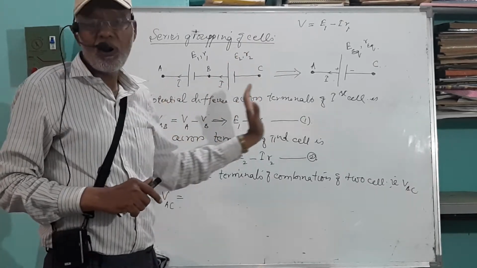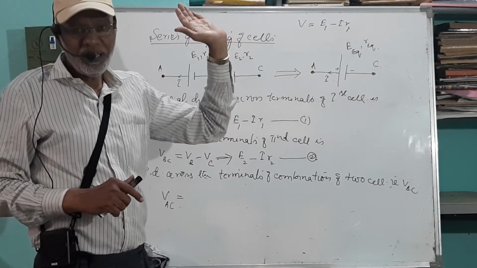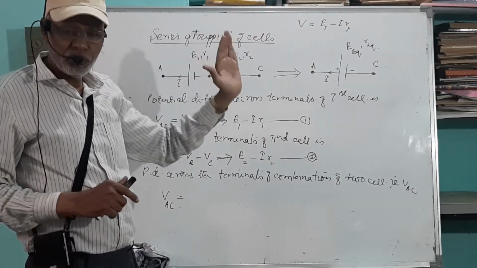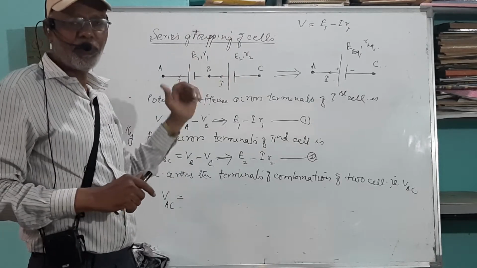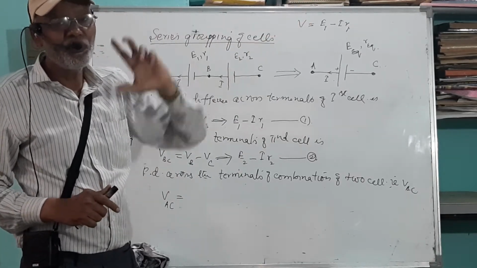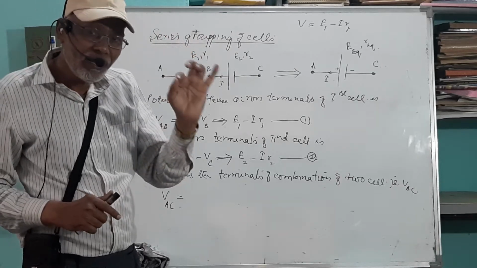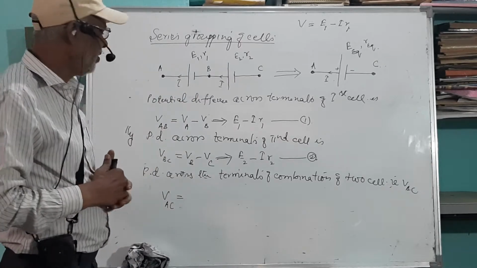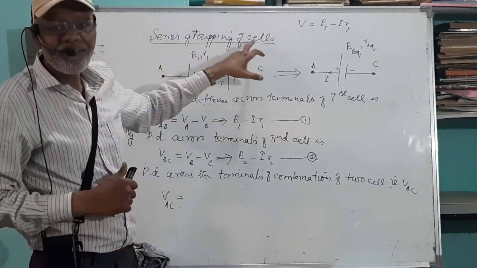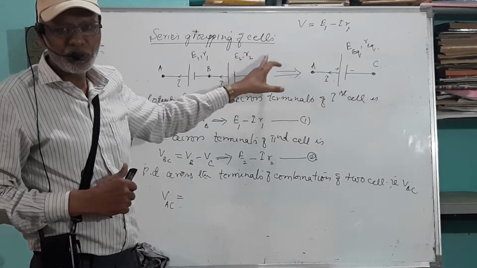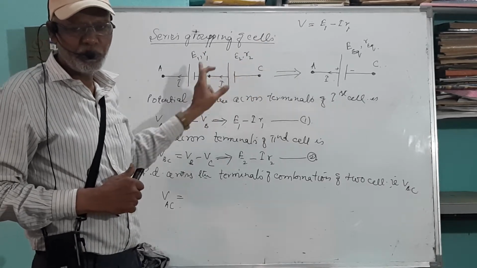If you have n number of cells connected like this, the direction of EMF is acting in only one direction. Such a grouping of cells is known as the series grouping of cells.